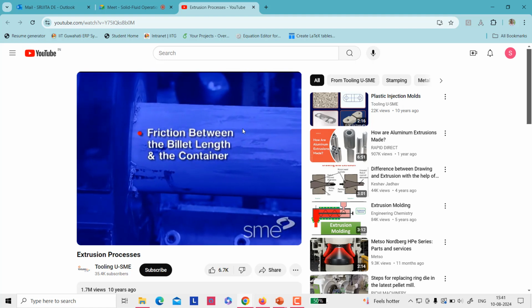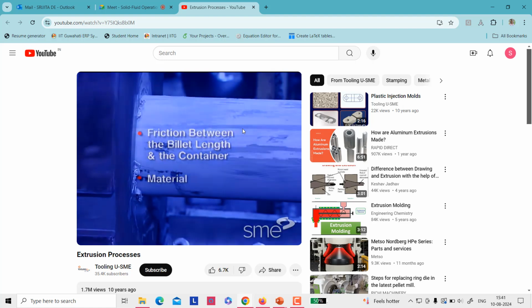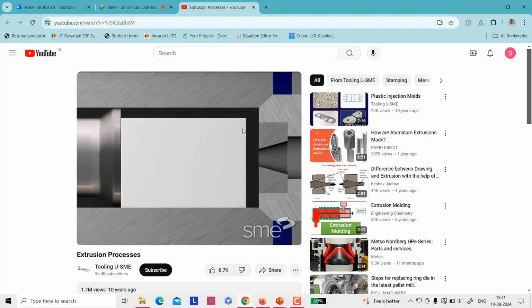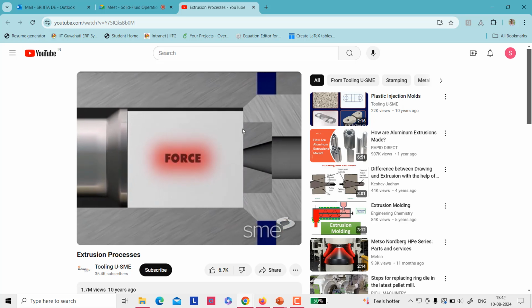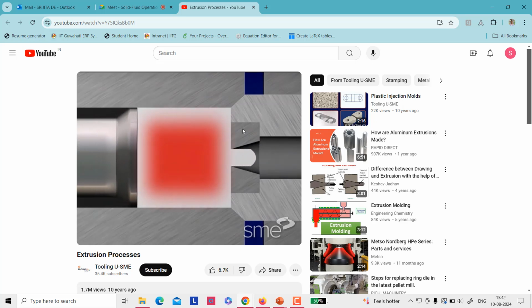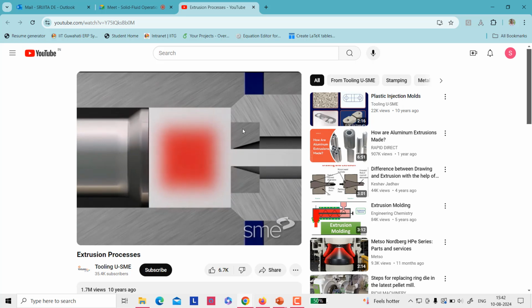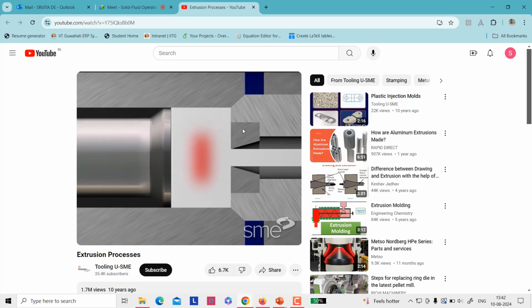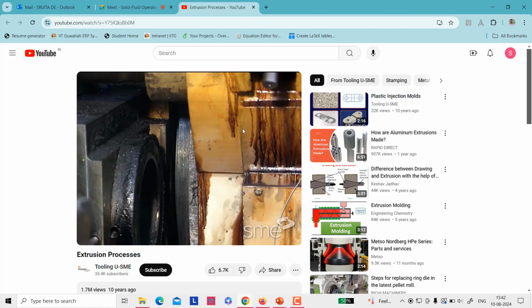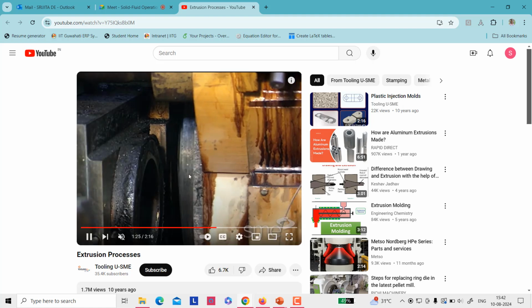Friction between the billet length and the container, and the wall, there is the material. This is how force is increased and it creates the extrusion process.